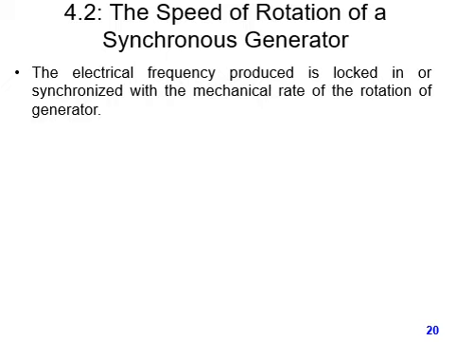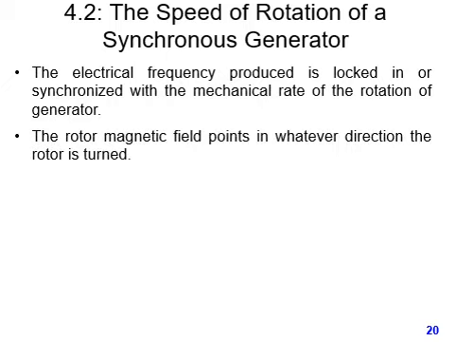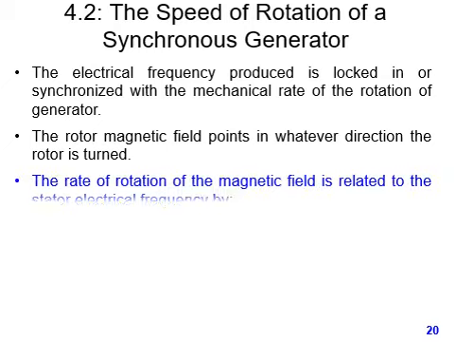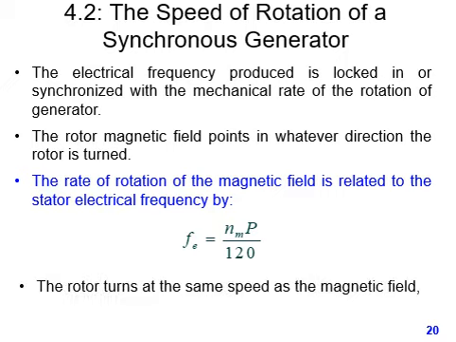Now we talk about the speed of rotation of the synchronous generator. The electrical frequency produced is locked in or synchronized with the mechanical rate of rotation of the generator. The rotor magnetic field points in whatever direction the rotor is turned.